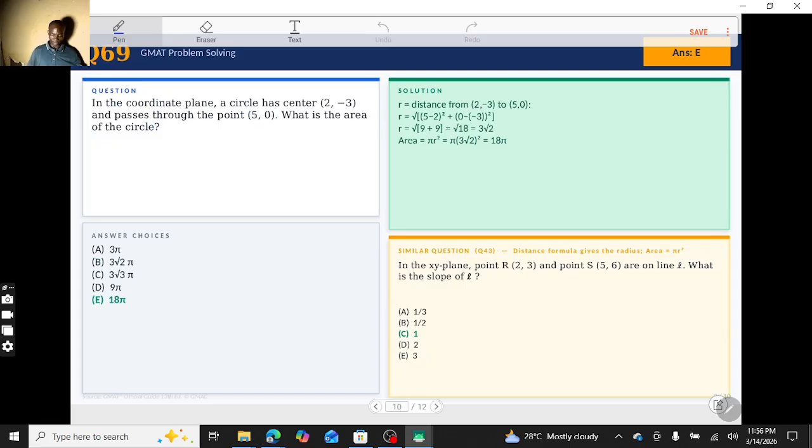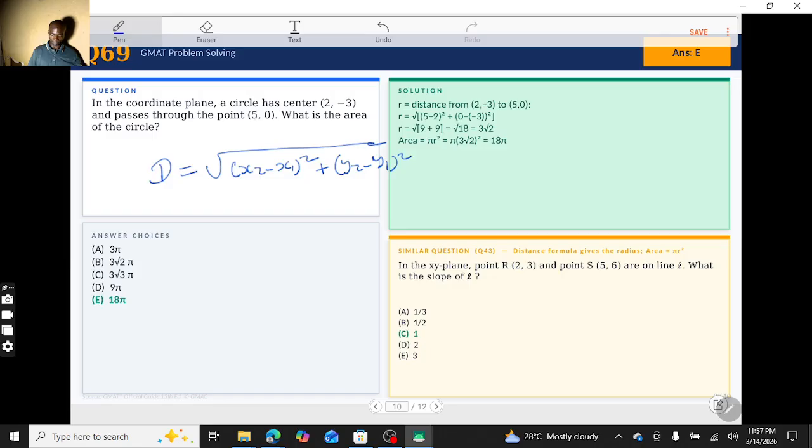Then in the coordinate plane, remember the distance between 2 points is given as d equals the square root of x2 minus x1 squared plus y2 minus y1 squared. So that's where we are getting all this.